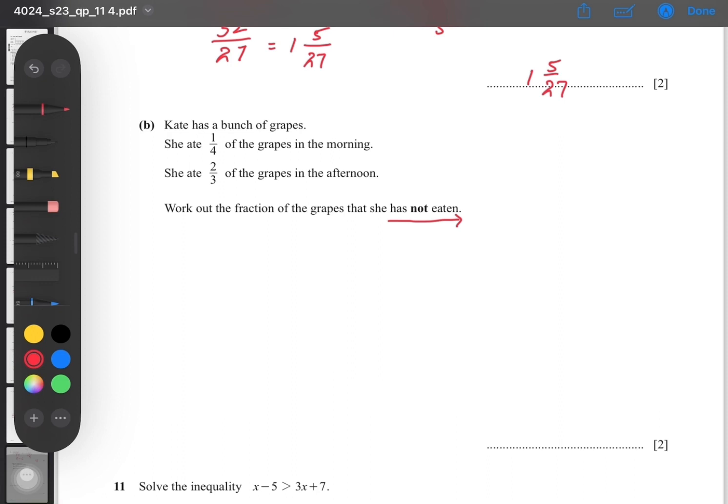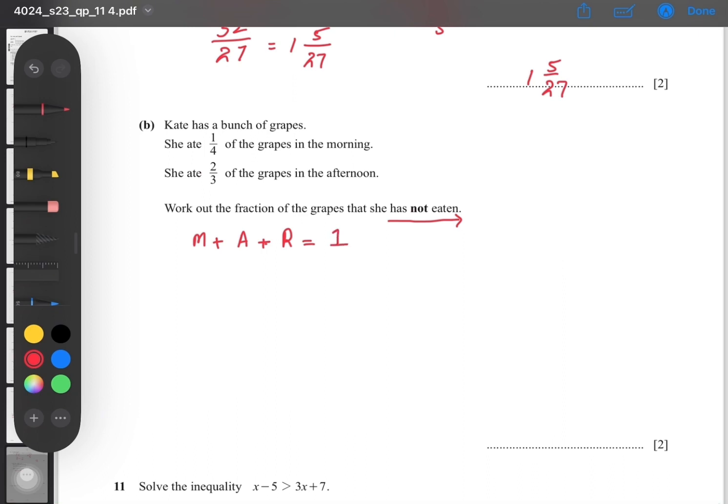So the fraction of grapes in the morning plus the fraction of grapes in the afternoon plus the remaining fraction, or uneaten, the sum of all these three should be equal to 1.